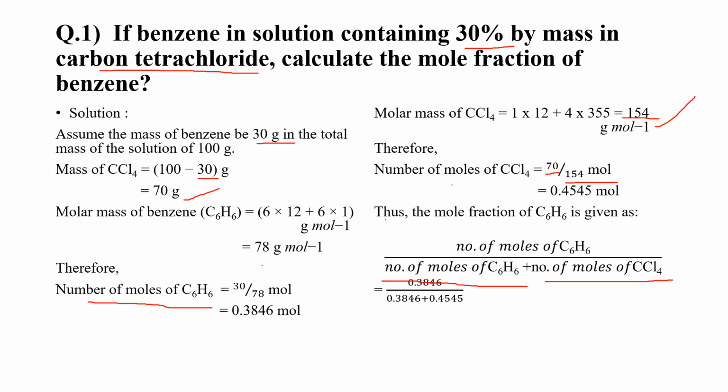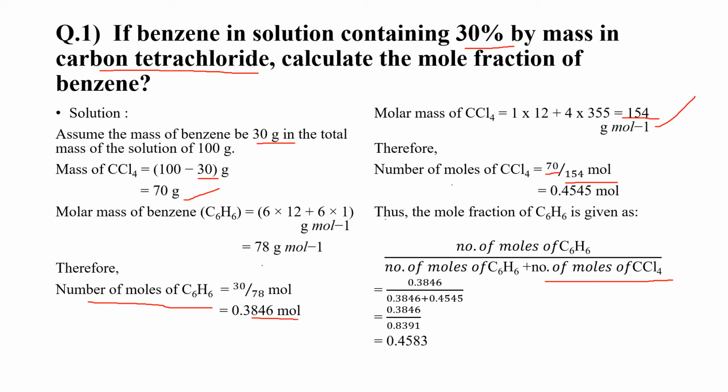Here number of moles of benzene is 0.3846, so it is 0.3846 divided by 0.3846 plus number of moles of carbon tetrachloride, 0.4545.